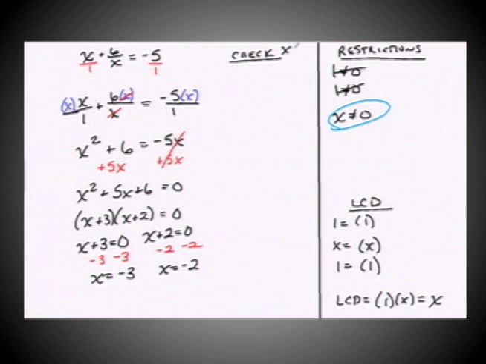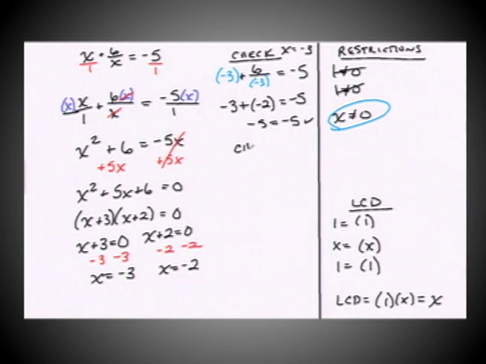So the first one I'll check is x is -3. Once again, you always go back to the original equation, so -3 plus 6 over -3 should equal out to -5 if we have a solution here. So -3 plus, well, 6 divided by -3 is -2. And sure enough, when I combine -3 and -2, I get -5 on both sides, giving a true statement.